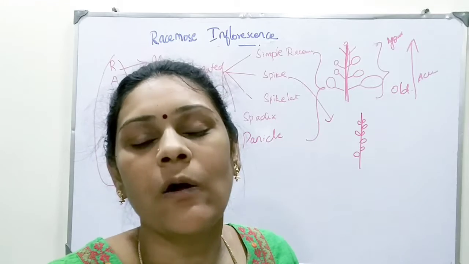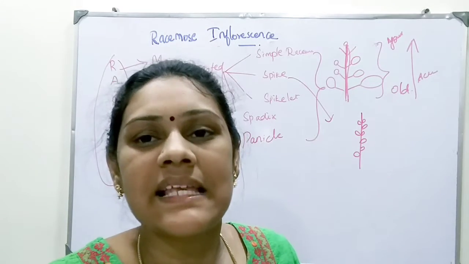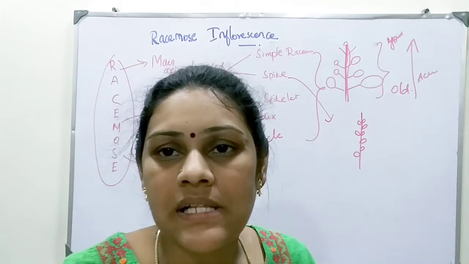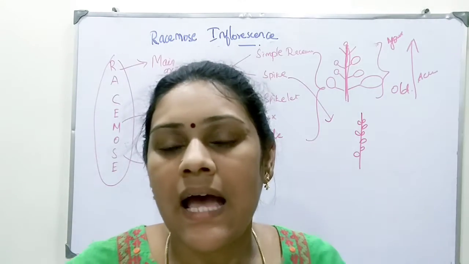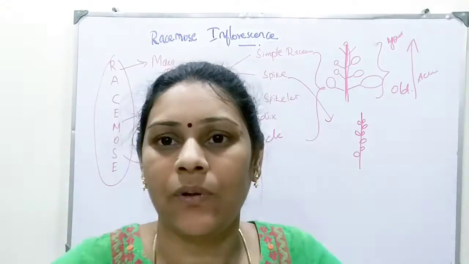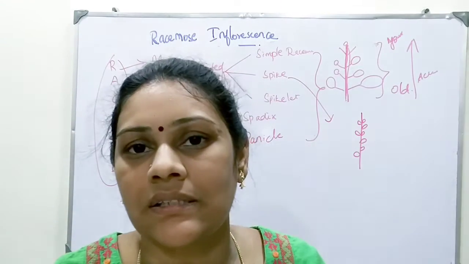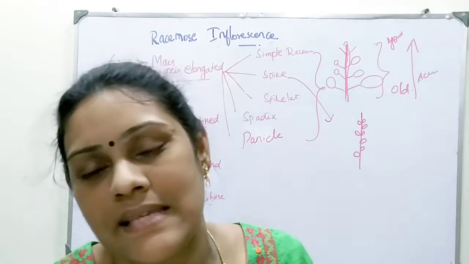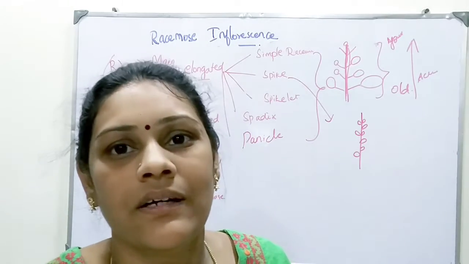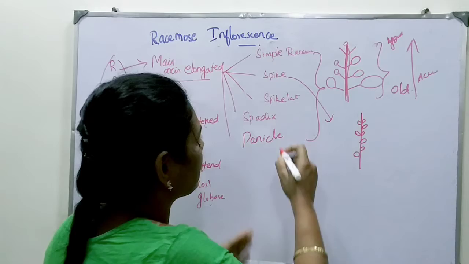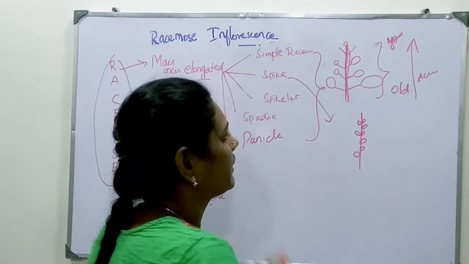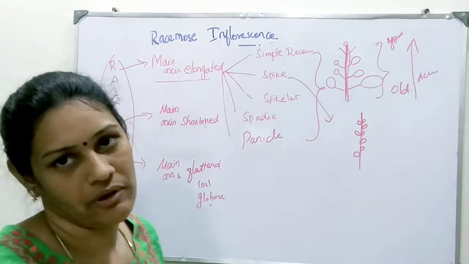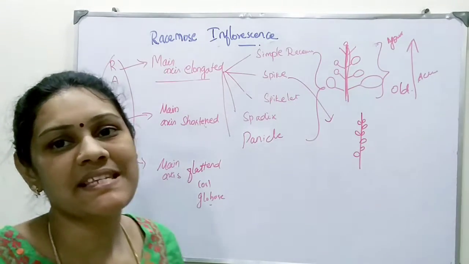So here also unbranched sessile flowers in the acropetal succession. Acropetal succession means the old flower at the base and new flower at the tip. But here there is no pedicellate flower, here it is full of sessile flowers. Okay, so this is about your spikes. Since it looks like a spike, it is called the spike type of racemose inflorescence. Okay, so its example is Stachytarpheta.